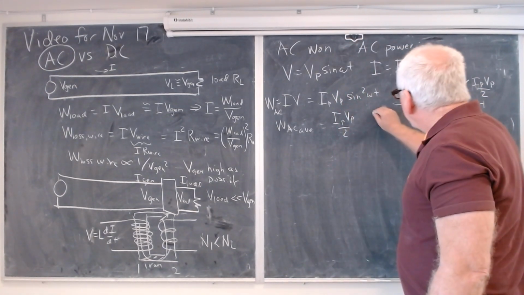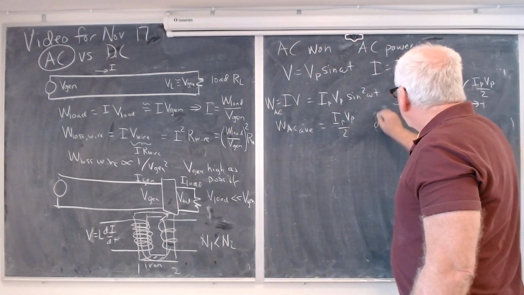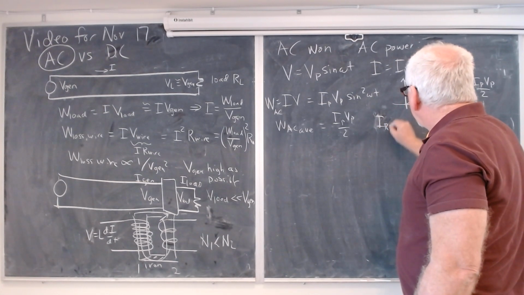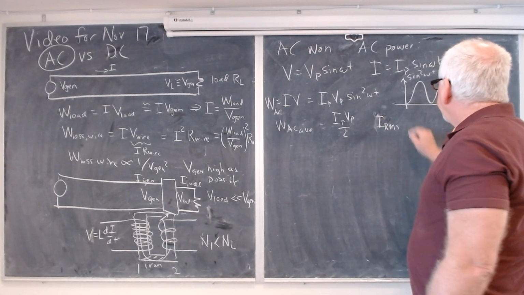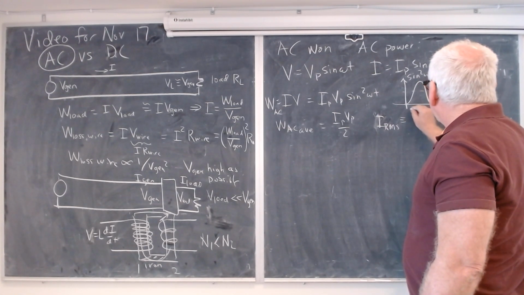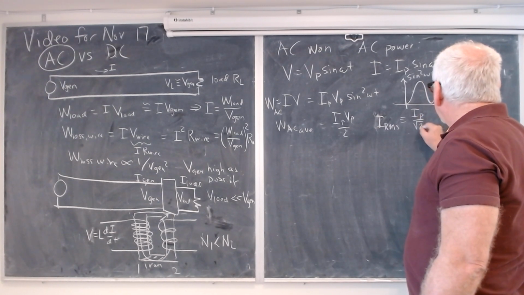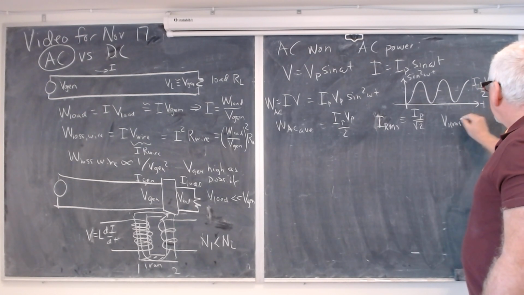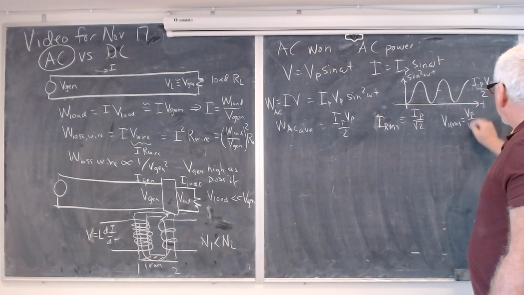Now, we're going to define something called IRMS. That's going to be defined as IP over root 2. And we're going to define VRMS as VP over root 2.